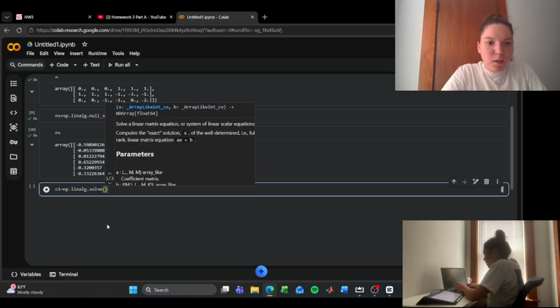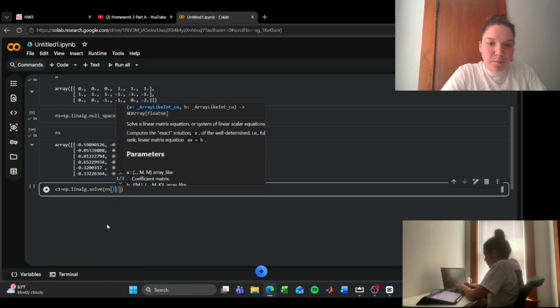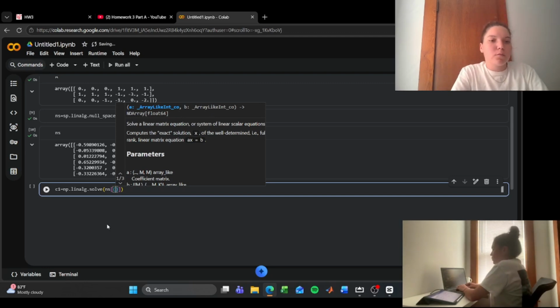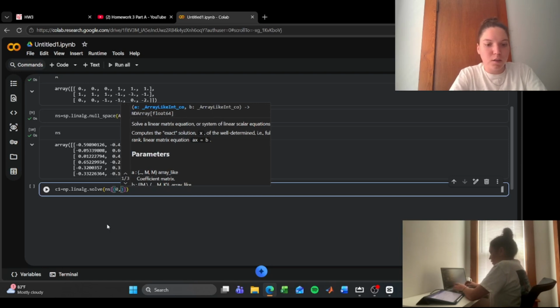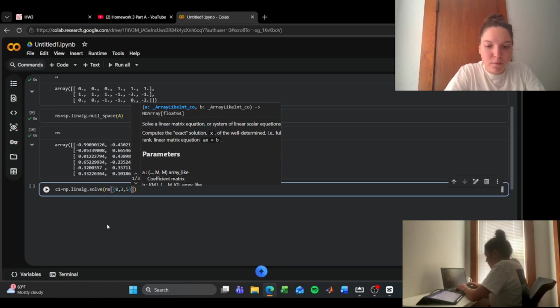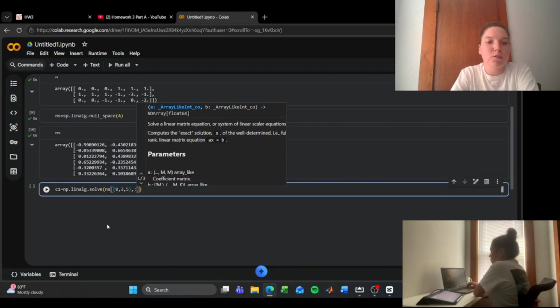This is going to be the null space, and we are going to look at the variables from before that we had pulled out. We said that was the length, viscosity, and the change in pressure. So in our matrix, that's going to be the first column, which is going to be 0, the third column, and the fifth. And we want the null space to go through each row. So that's why there's a colon there as well.